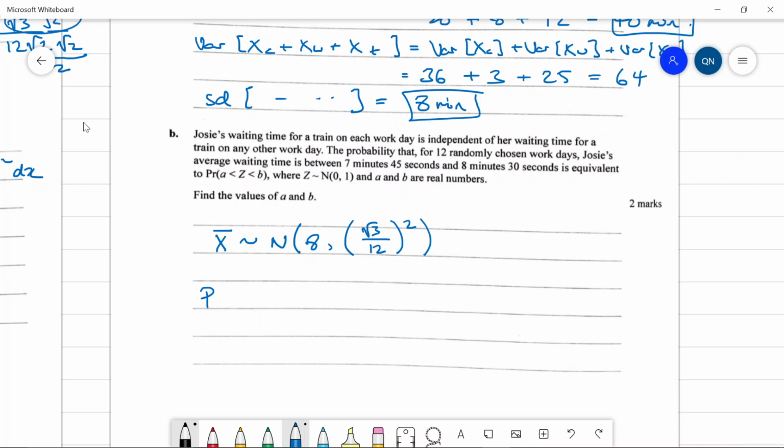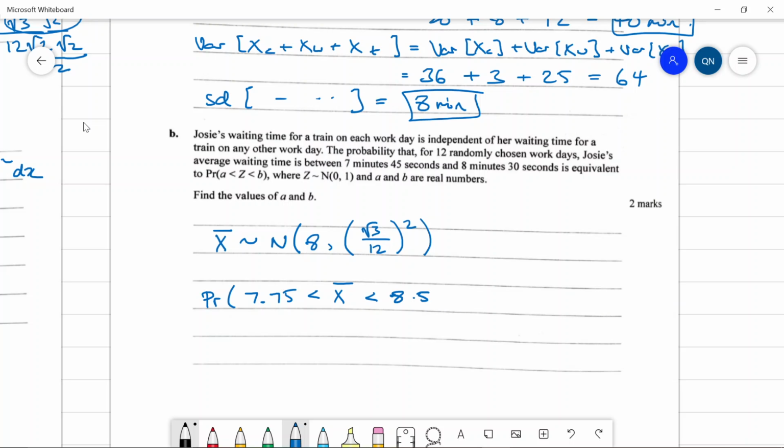And what are we doing over here? Well, this is probability. Let's actually try to simplify the standard deviation. I don't know if we can though. Let's just leave it like that. So we have the probability that Josie's average waiting time is between 7 minutes 45, so this is 7.75 is less than x bar is less than 8 minutes and 30 seconds.